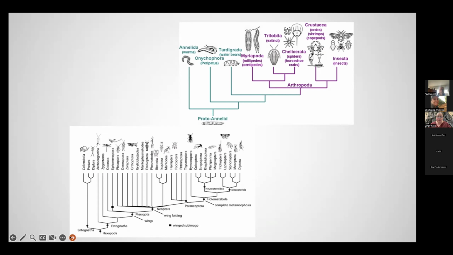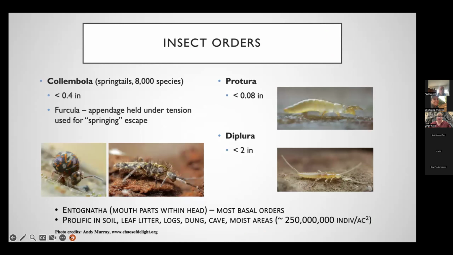But it's really above and beyond what is needed for basic insect identification. What we have here at the bottom, though, is a lot of the different orders by name, and in agriculture we tend to work with the ones from the middle on to the right more often than the ones to the left. So let's start with the insect orders.